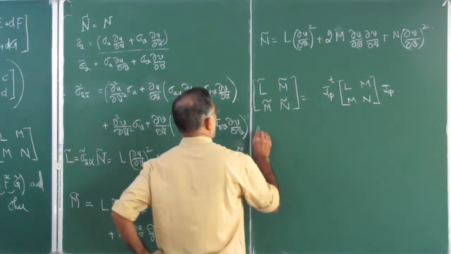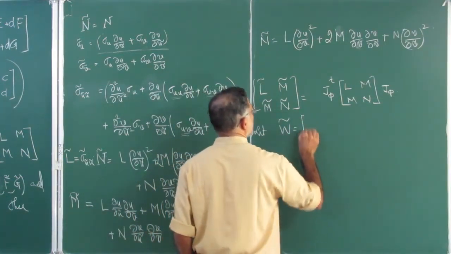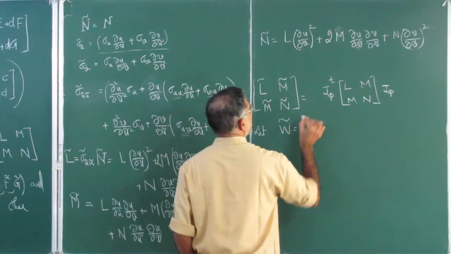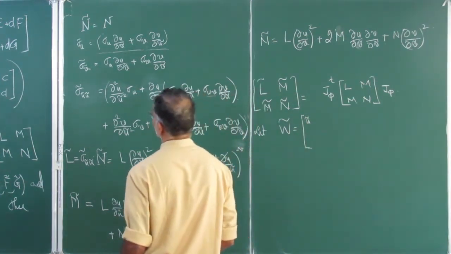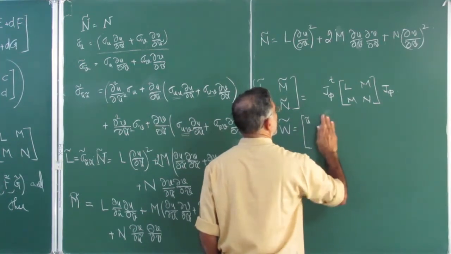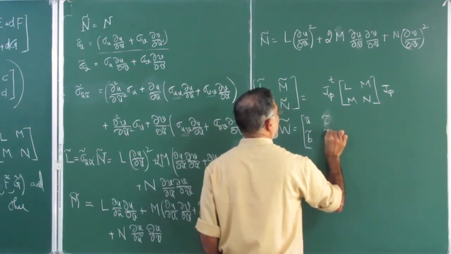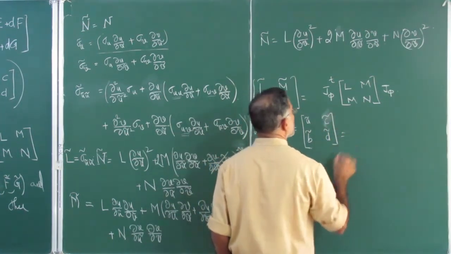let W tilde be equal to the Weingarten map with respect to this sigma tilde. Let us write A tilde, B tilde, C tilde, D tilde. And what is this going to be?